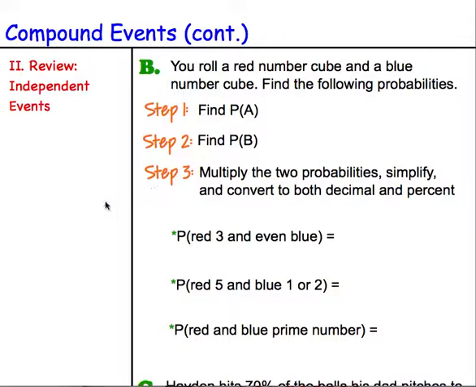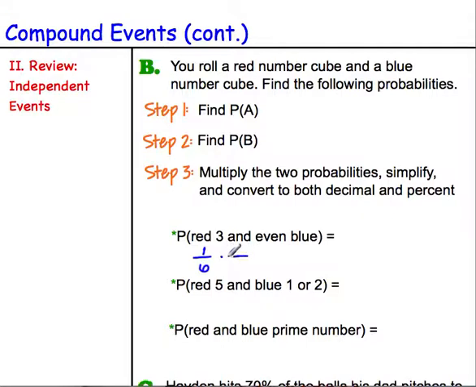So our first one is the probability of a red 3 and an even blue. Now if I think about that, on red, the probability of rolling a 3 is going to be 1 out of 6. And the probability of rolling an even blue.